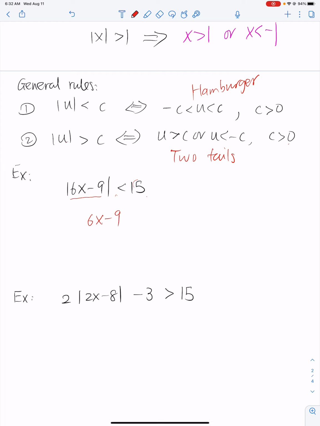And what will be the bread? You have a 15, and you also have a negative 15. In part 1 we talked about how to solve this. We solve it like before, on 3 sides. So negative 6x and 24.